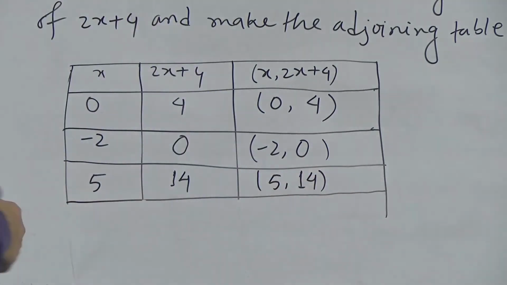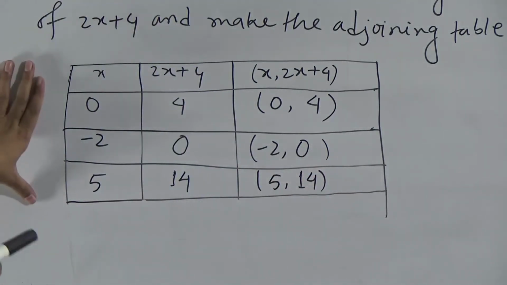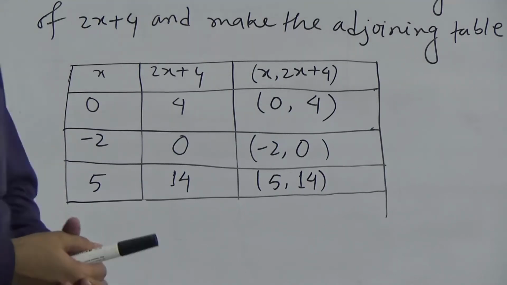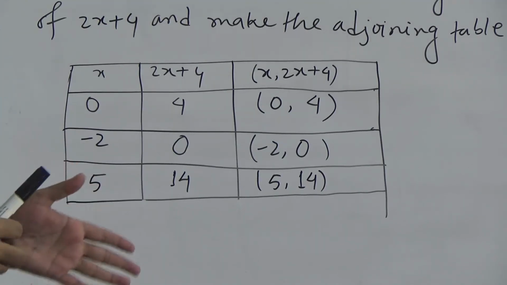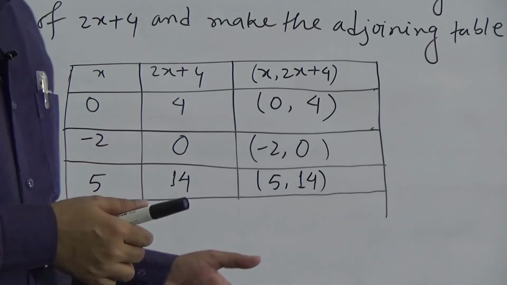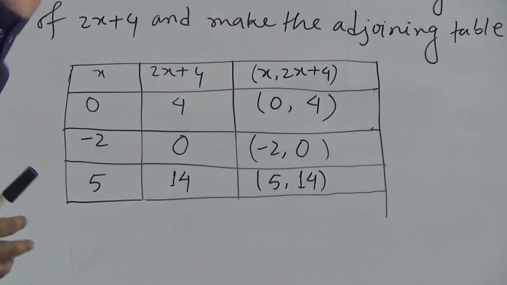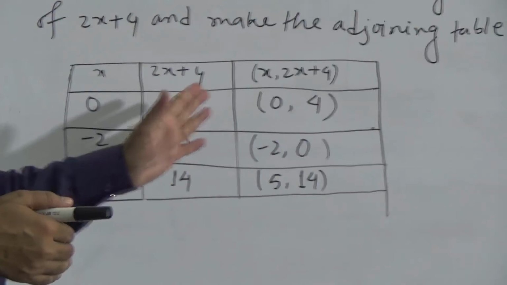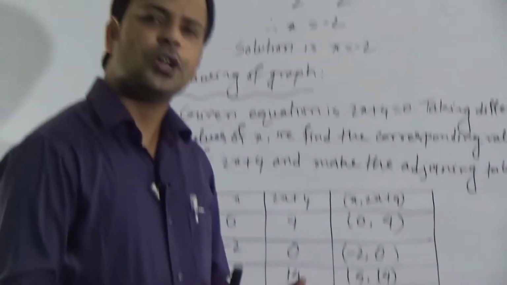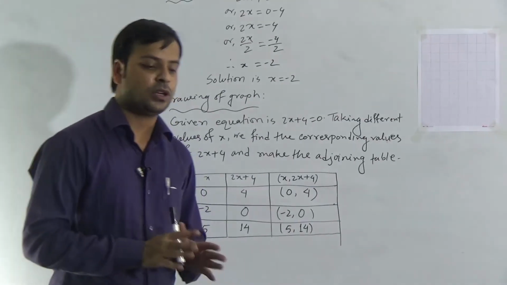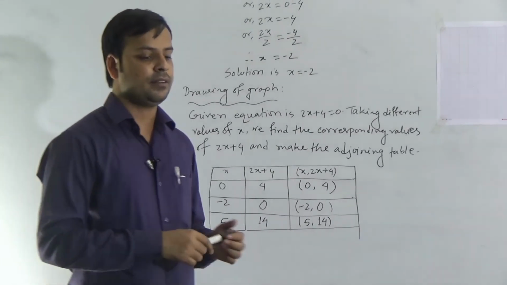Students, now I have taken 3 points. You can take more. To draw a straight line, as this is a simple equation, its graph will be a straight line. To draw a straight line, 2 or 3 points is enough.